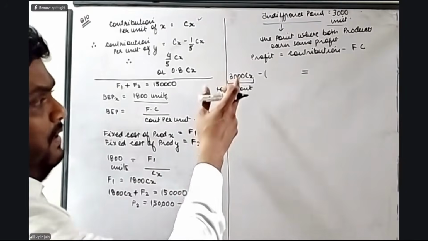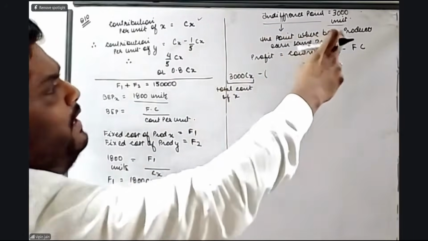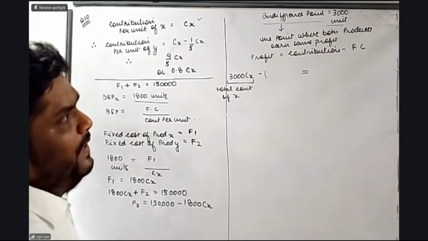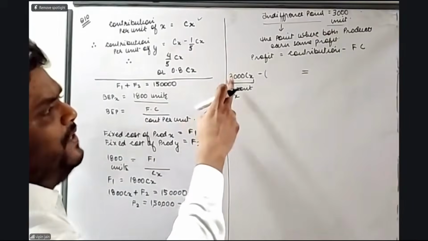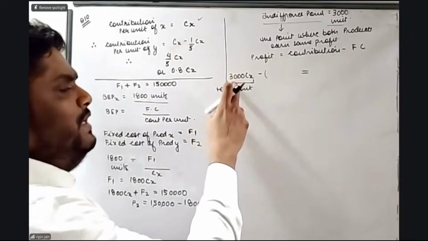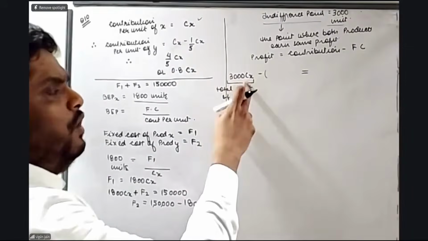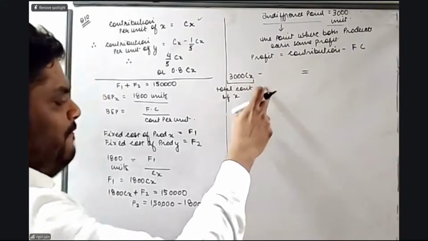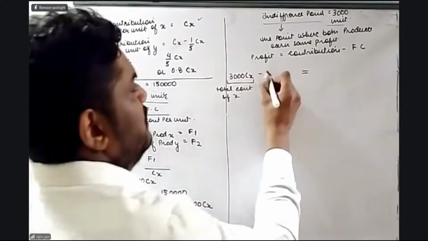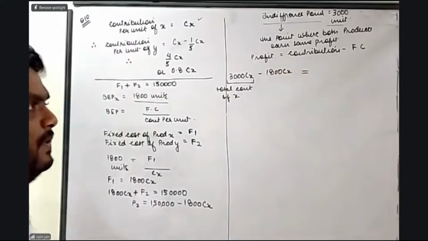At indifference point, both the products will earn the same profit. So at 3,000 units, 3,000 into contribution per unit of X gives the total contribution, minus the fixed cost of product X, which is 1800 Cx.